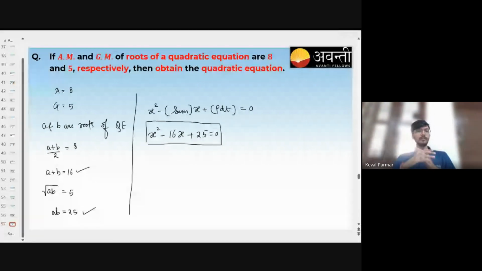Till now we have done AP, GP, and the means. So three things we have done. Two things are left. AGP is also left, arithmetic geometric progression, and the last one remaining is the summation series. So I think we'll cover both next time, and we'll solve the questions also. Next time means we are meeting on Monday.